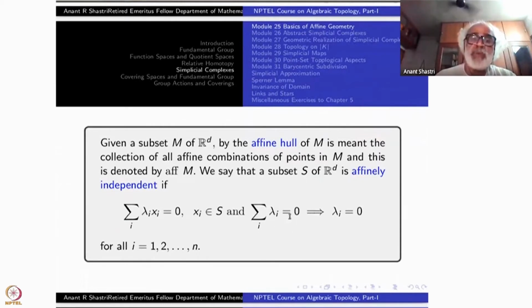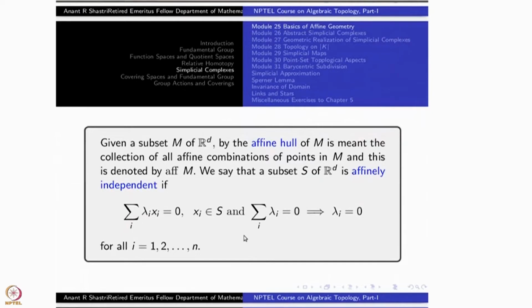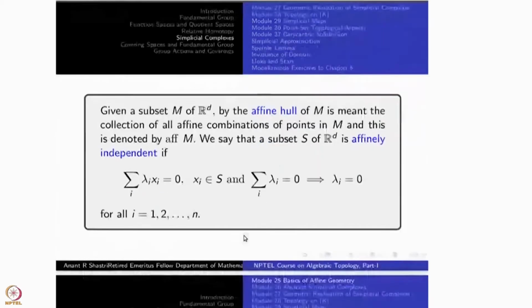Affine independence: if the summation of lambda_i is 0, then each lambda_i must be 0. If you don't put this condition, what you get is linear independence. All right, so this is the definition of affinely independent. This is not cooked up. This is forced upon us. We will see in a moment.